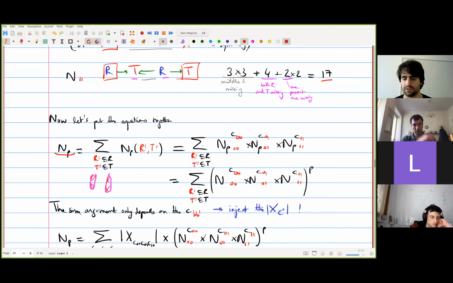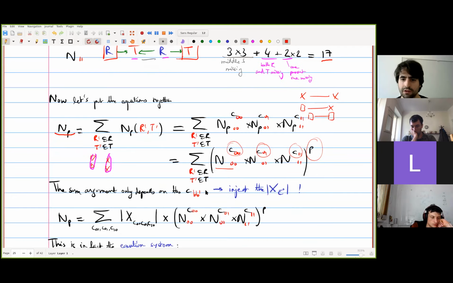And this is some quantity to the power P, because I have this exponent P everywhere. And it's the number of possible worlds in each gadget type. So now there are no parallel paths. They just look like this, the possible gadget types, to the power of how many edges of each type I had.